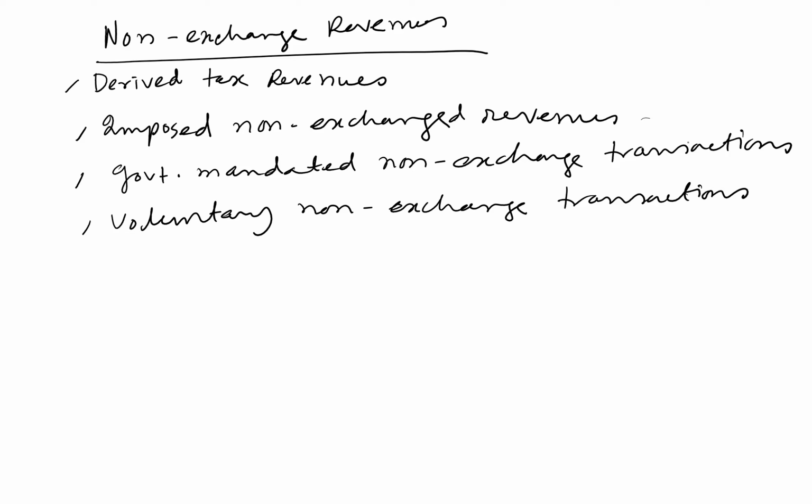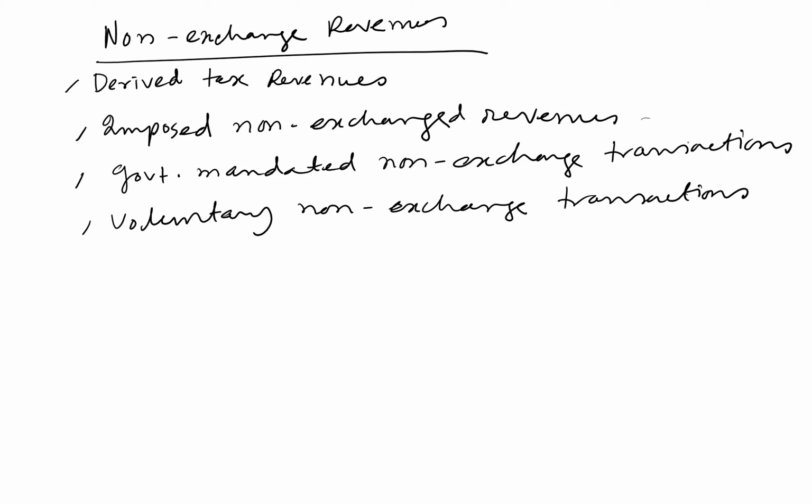For example, the federal government can transfer a specific fund to a state government or to another local government. These are known as government mandated non-exchange transactions, and those are for some specified required programs.